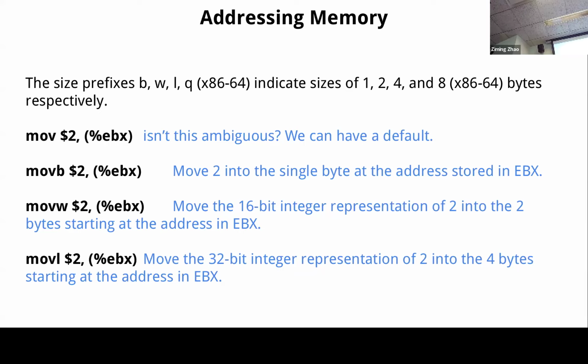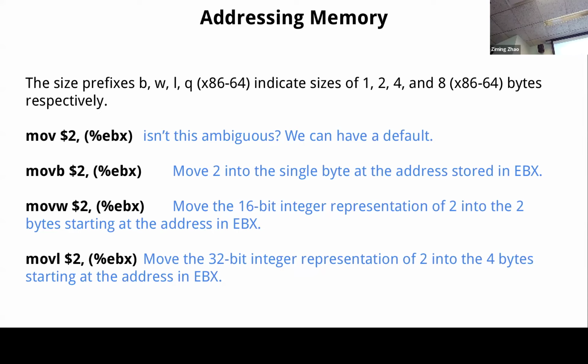What it points to could be 1 byte, 2 bytes, 4 bytes, right? Then we're trying to move a number 2 here. How big is this 2? It's not clear, right? This is a very small number. It can be represented using just 1 byte, and you can also represent it using 8 bytes. So this instruction is actually very ambiguous. You're not sure how many bytes you are moving here, right?